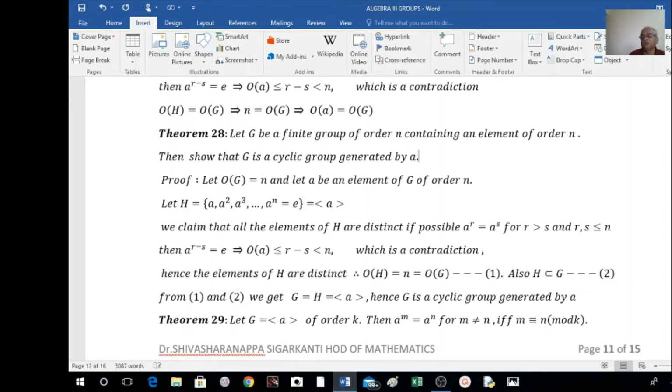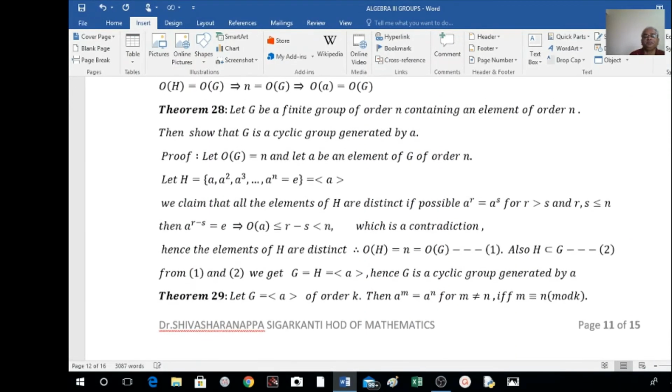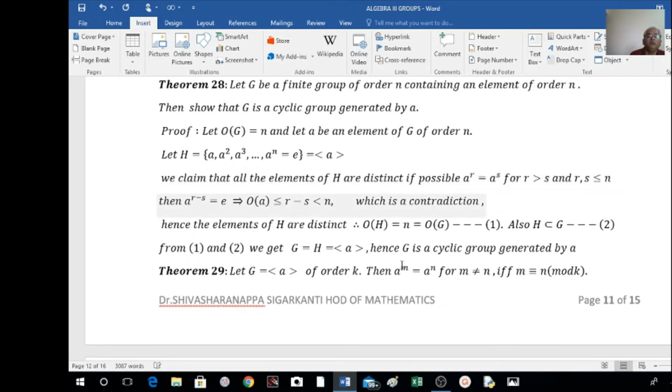Okay. So this shows that what we proved here is, first of all, H is a subset of G, and these two have the same number of elements. So clearly H is a subset of G, and here we have order of H the same as order of G. Two criteria are there to show that two sets are the same.